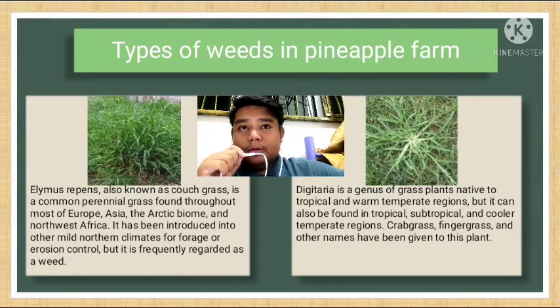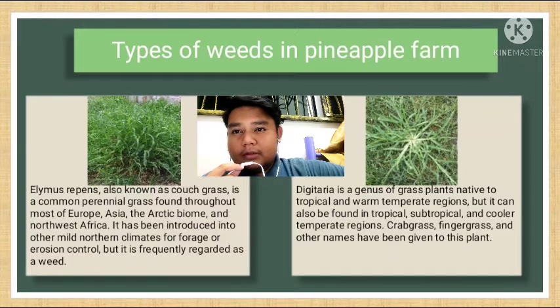Next, I want to share about the types of weeds in pineapple farm. There are two types of weeds that exist in the pineapple farm. The first one is Elymus repens, also known as Scotch grass. It's a common perennial grass found throughout most of Europe, Asia, the Arctic biome, and Northwest Africa.